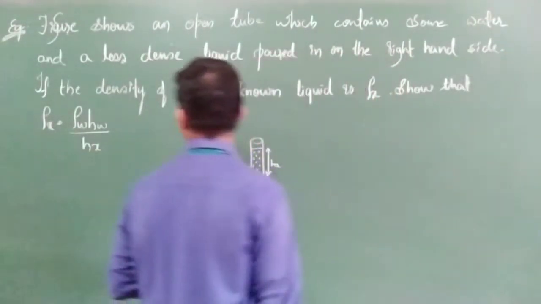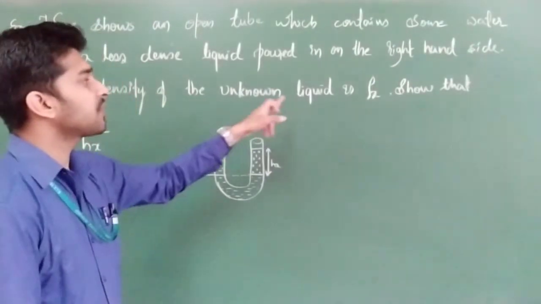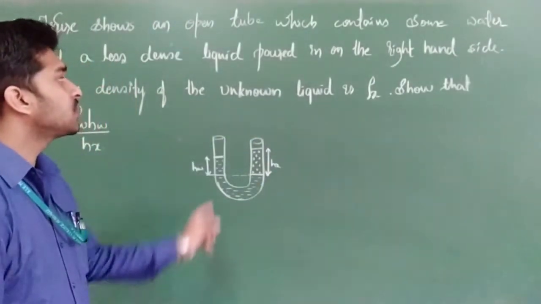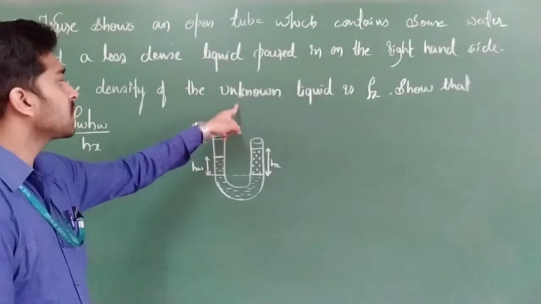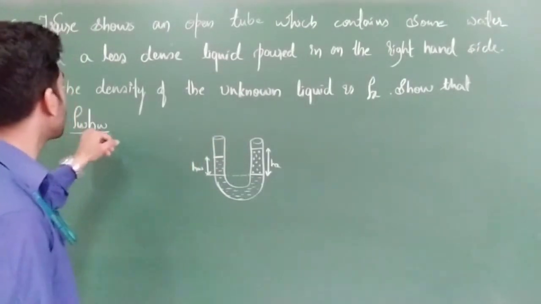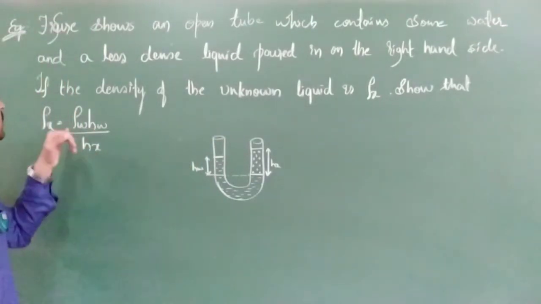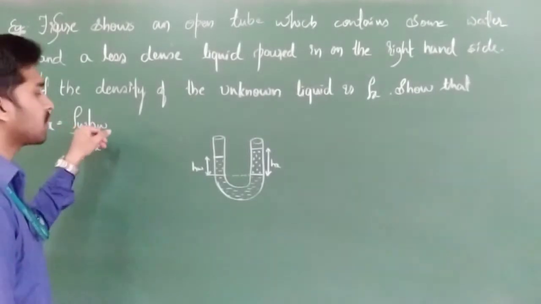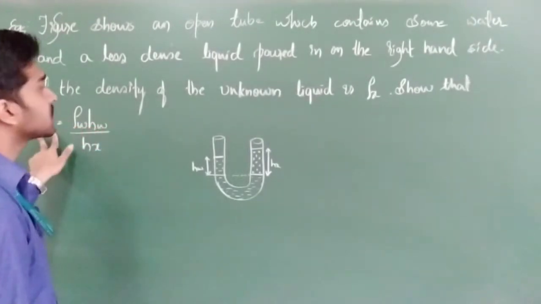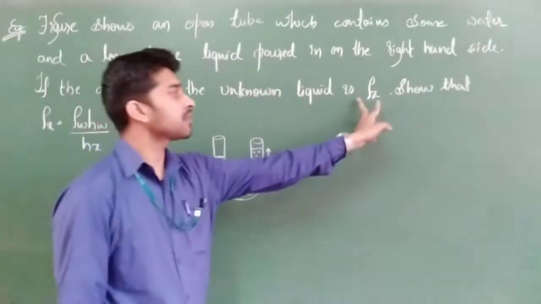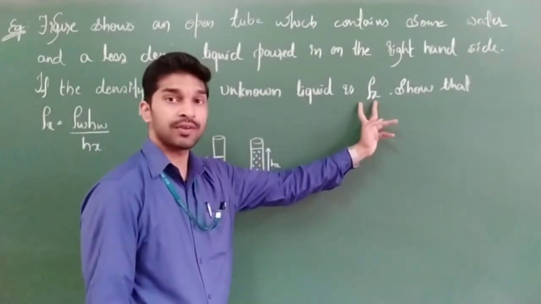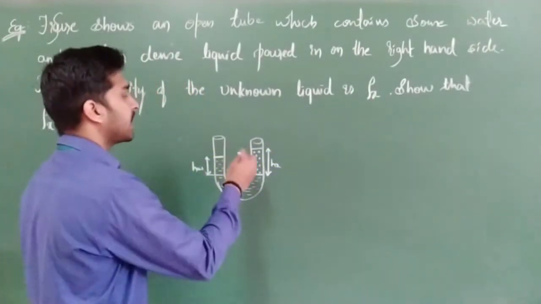Next, they have given that the density of the unknown liquid is rho x. Show that rho x is equal to rho w hw divided by hx, where rho w is the density of water, and rho x is the density of the other, less dense liquid which we poured in the right hand side.